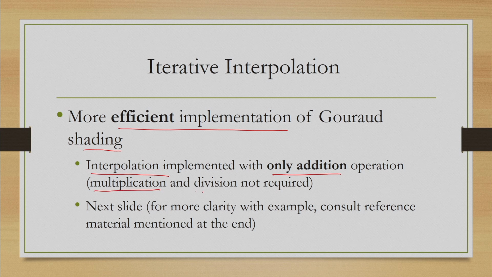The multiplication and division are not required. However, for more details on this incremental approach of interpolation, you may refer to the reference material mentioned at the end of this lecture. We will quickly have a look at the corresponding algorithm.